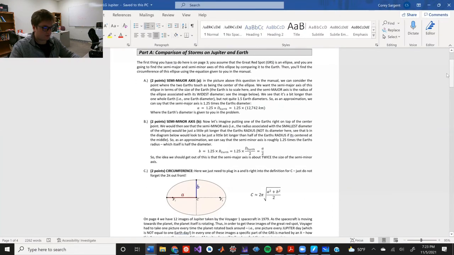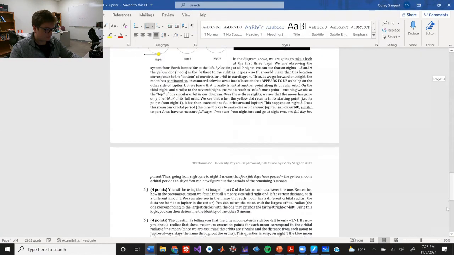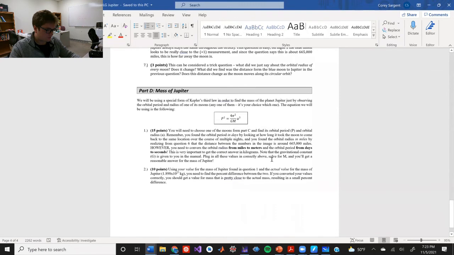This is available to you from my website too. We need the orbital radius in meters and the orbital period in seconds, and this is so we can get a mass in kilograms.